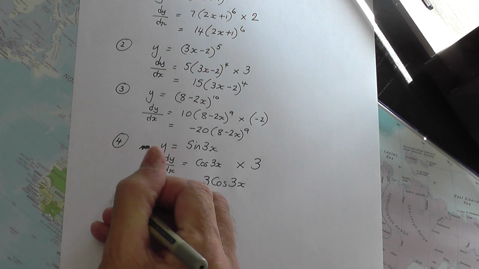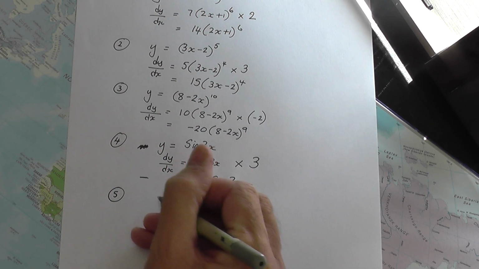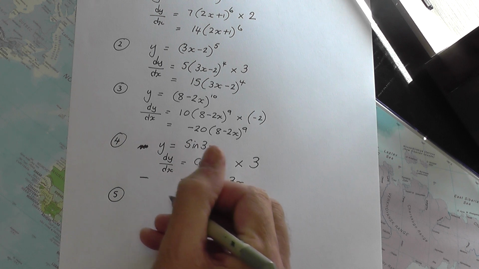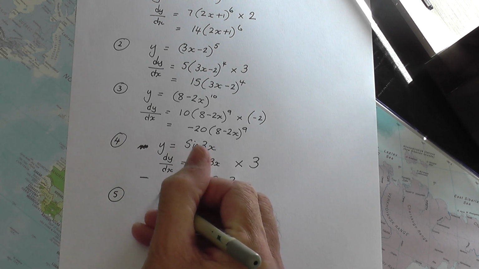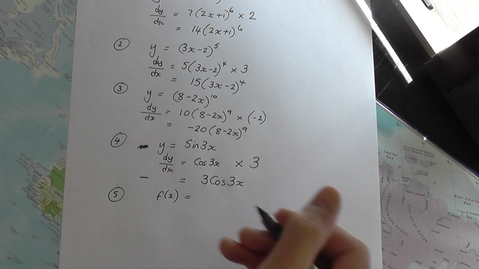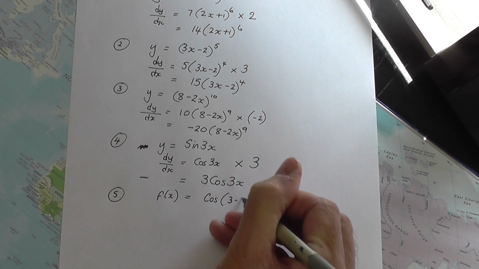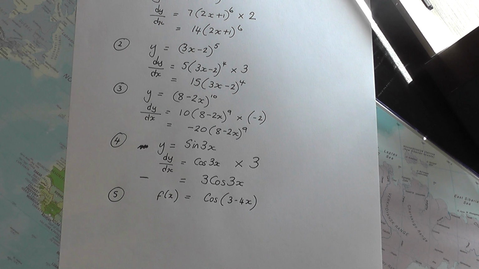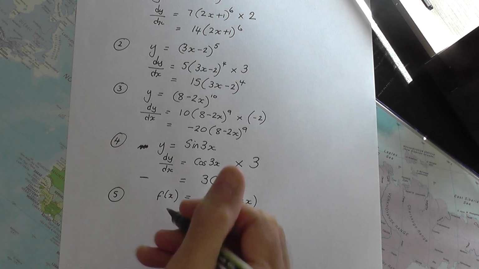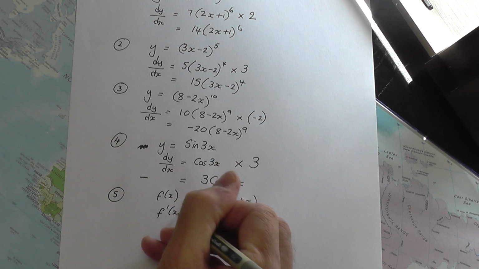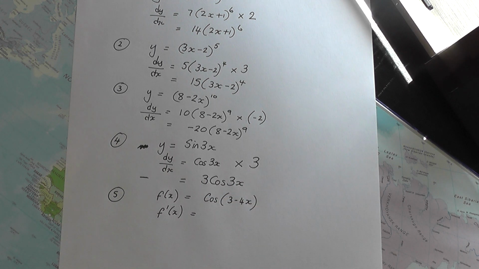Okay, so let's have a look at number 5. How about if I said to you, differentiate, let's say f of x is equal to cos of 3 minus 4x. And I've got to differentiate that. We can go straight to the answer f dash of x, and I can say straight away that I've got a cos function acting on a 3 minus 4x function, so it's function of a function.